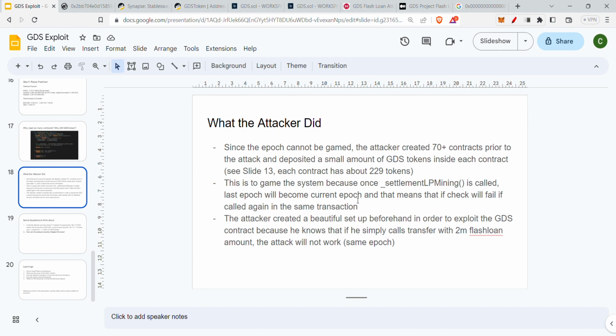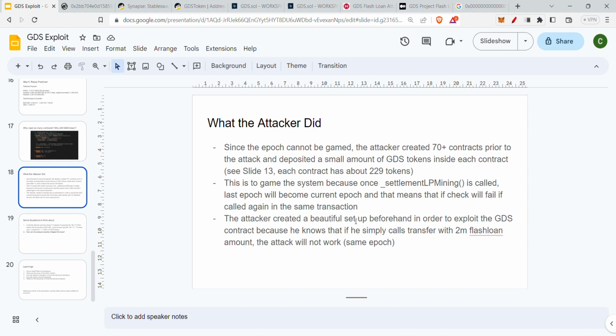Last epoch will become current epoch, and that means the if check will fail if called again in the same transaction. The attacker created 70 plus contracts and put in a very small amount of GDS tokens to make sure that the last epoch is smaller than the current epoch.